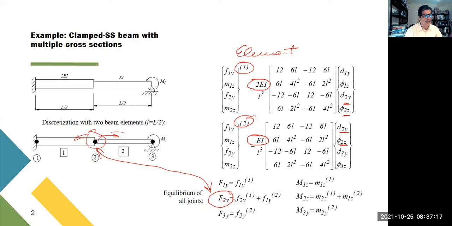How much is F2y now? How much is the external force applied in joint 2? How much are we applying here? Mr. Galarza, how much force are we applying here?